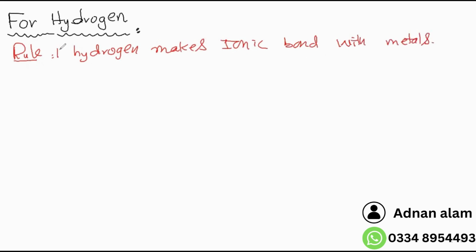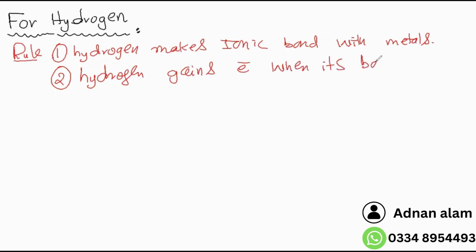And the other thing is that hydrogen gains electrons when it bonds with metals. Hydrogen makes covalent bonds with non-metals, but hydrogen makes ionic bonds with metals. So hydrogen gains electrons when it bonds with metals.